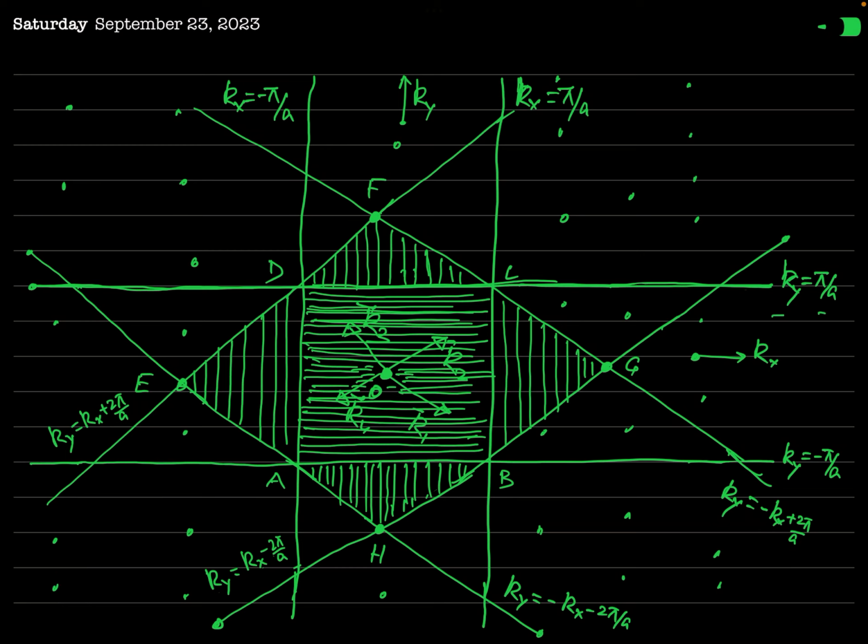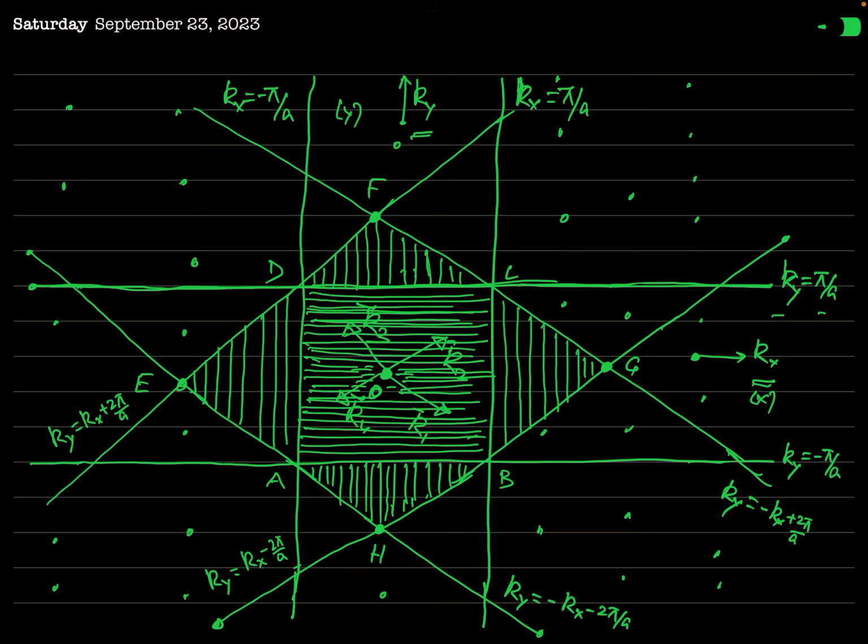Actually, here we are going to plot kappa y against kappa x. Kappa y is at the place of the y coordinate, kappa x is at the place of the x coordinate. So in this xy plane, we plot kappa y against kappa x, where kappa y is the y component of the wave vector and kappa x is the x component of the wave vector.